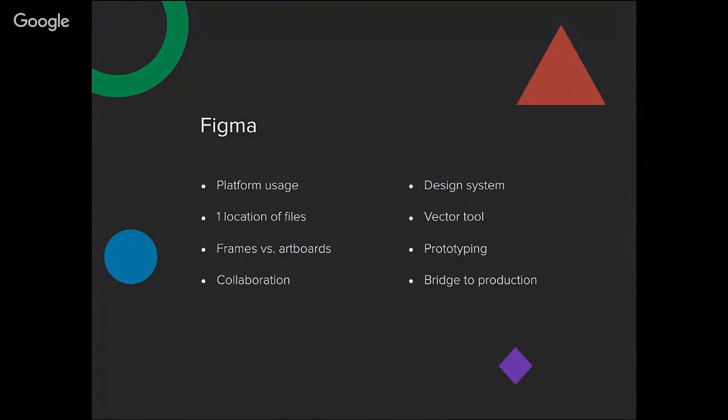It has a collaboration feature. I guess this is the main feature of Figma. And you can use it for a design system that is shareable throughout different projects and different files with different team members. The vector tool is a little bit different. It has prototyping, and it has that bridge to development, the coding panel. It has that in Figma as well.